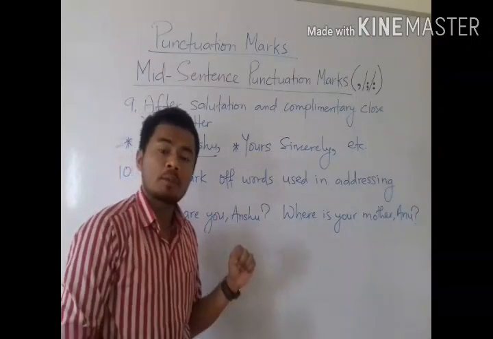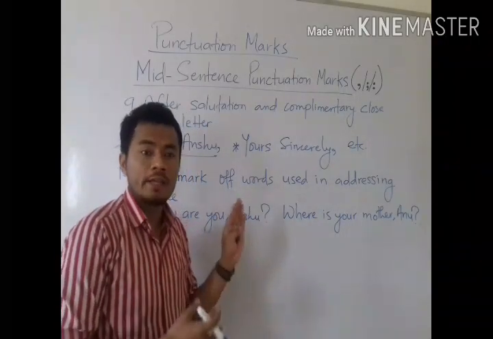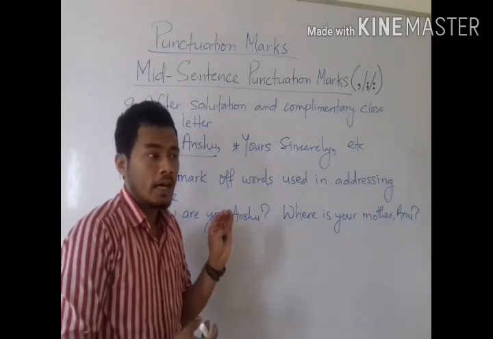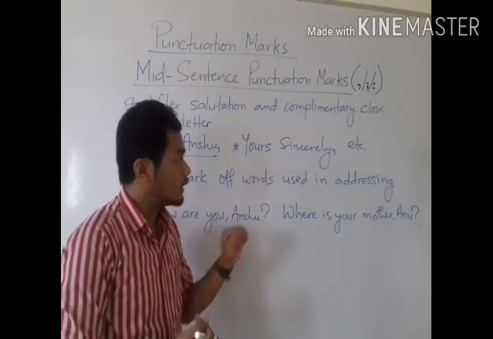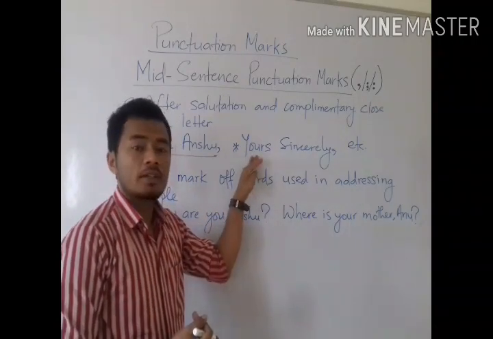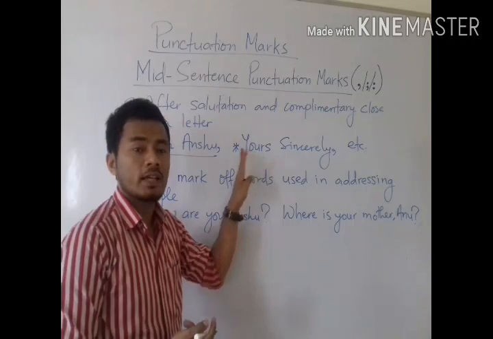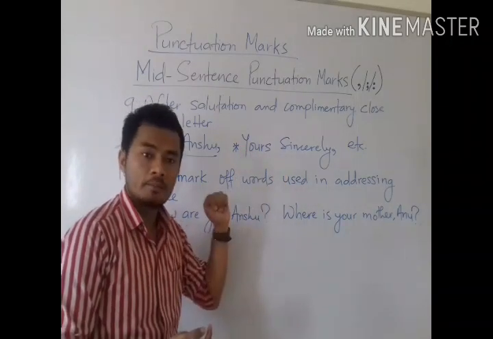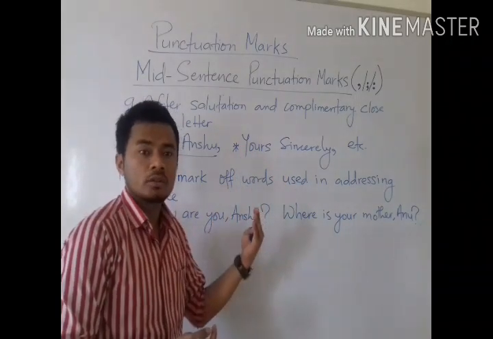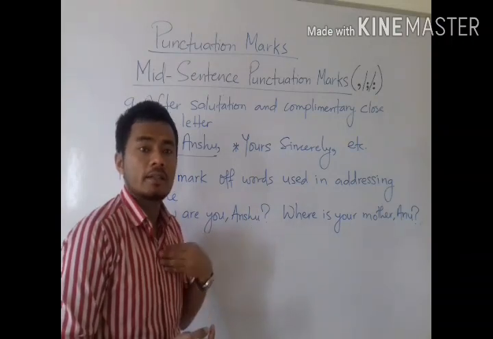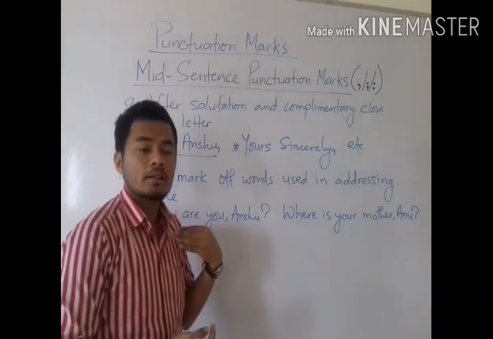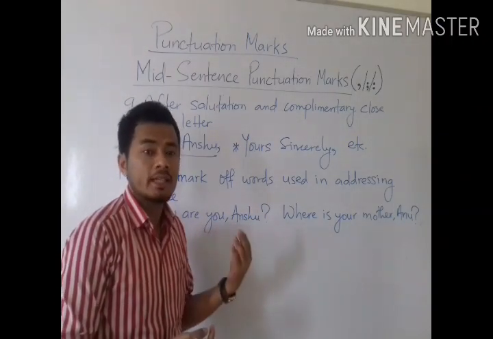And after the complimentary clause also, after finally we write the letter. Before closing the letter, we write a complimentary clause like yours faithfully, comma. So complimentary clause before writing the name of the writer, one who is writing the letter.